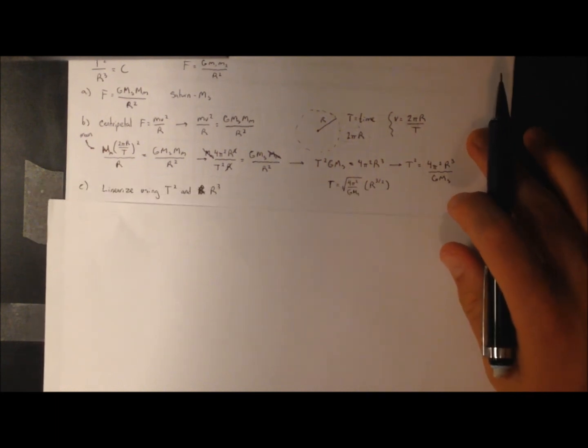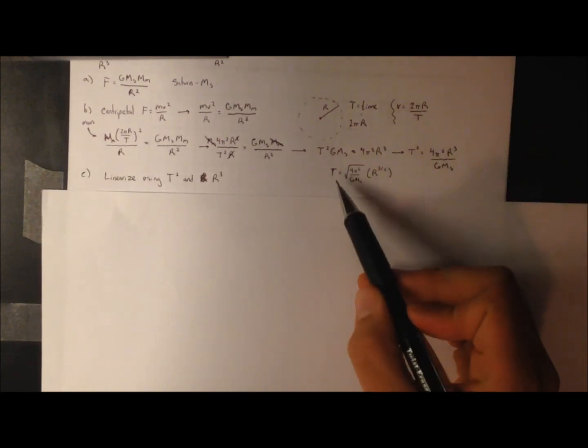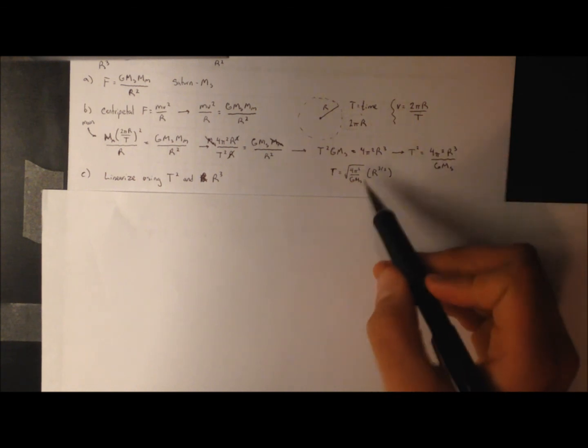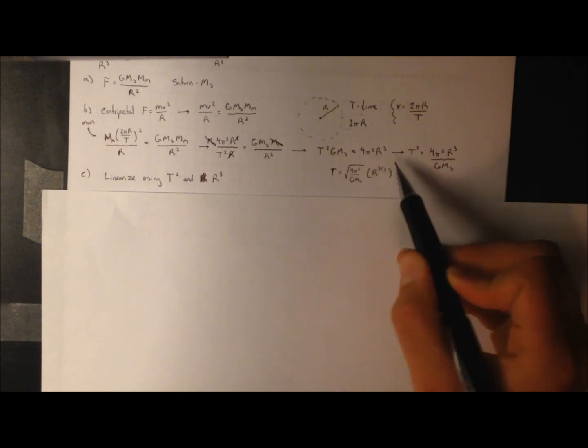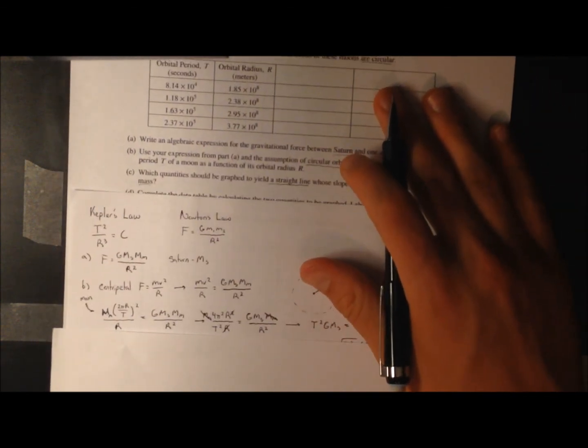The period squared equals this whole value times r cubed. They want you to put T as a single value, so take the square root of this whole thing, and you get this. R cubed square rooted is the same thing as r to the 3/2, so that's why I put it like that. Okay, so that's your answer to part B.